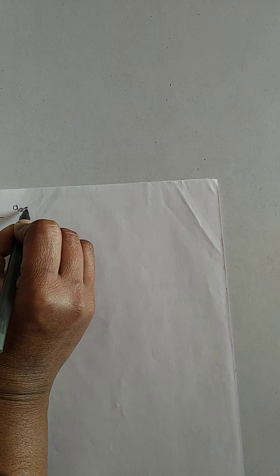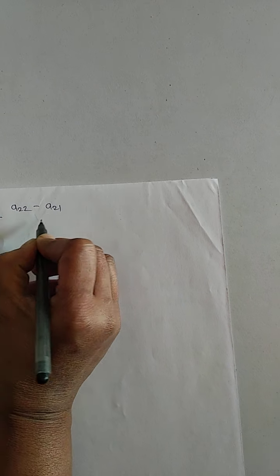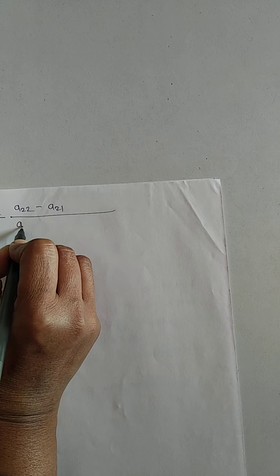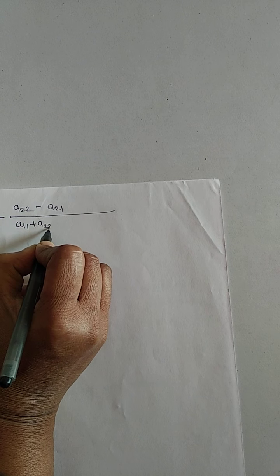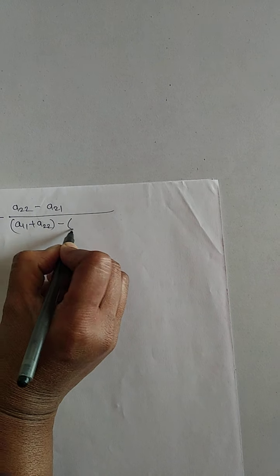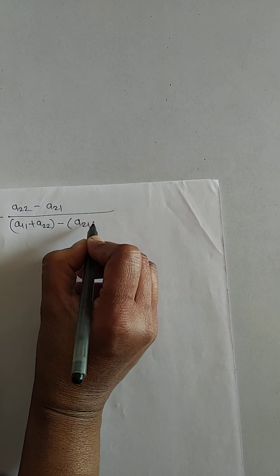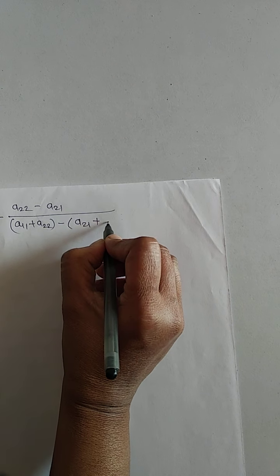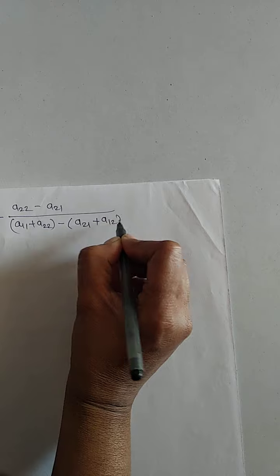Therefore P2 is equal to A22 minus A21 upon A11 plus A22 minus A21 plus A12.